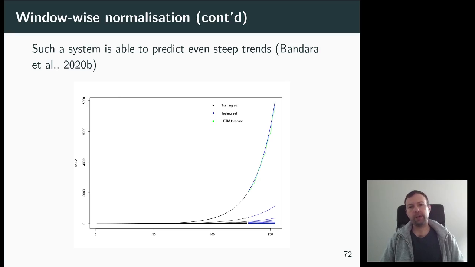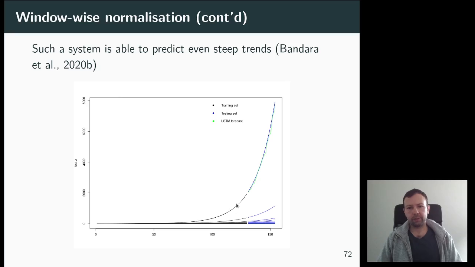We have actually done some simulations where we could show that with doing the logarithm and then this window-wise normalization, an LSTM or neural network can actually predict really strong trends. So what you see here is that in black we have the training data, and in blue that's all the test data.